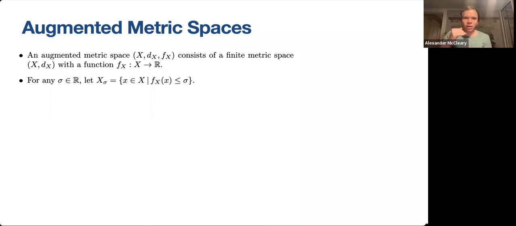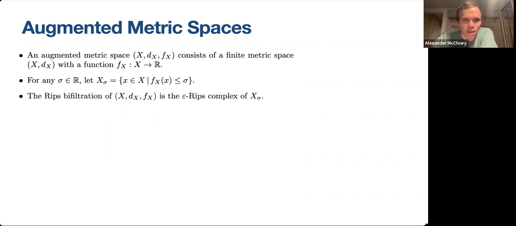So, right, we're basically just taking a subset of our metric space, and we want to look at just the set of all the points in our metric space such that our function is below some value on those points. And now we can use this to define the Rips bifiltration on this augmented metric space. And this is just going to be the epsilon Rips complex of X sigma.